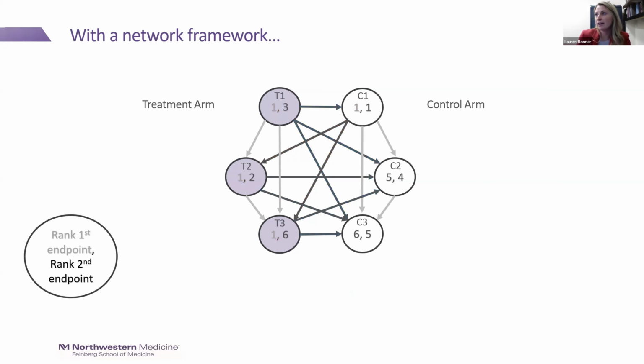And so what we incorporated into the network framework is this idea of flipping the edge if the win or loss determined by the second rank didn't agree with the winner on the first rank. In this scenario, this edge up here actually flips because I couldn't determine a winner on the first endpoint. I now have to compare the second endpoint, and I see that on the second endpoint, C1 actually has the better rank and would beat T1.